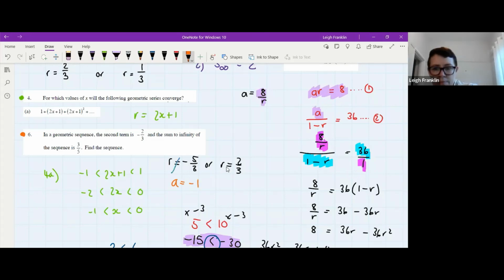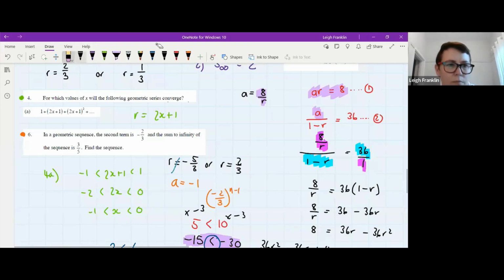I don't know if anyone else did it. I may have made a mistake. And eventually I found Tn to be -2/3 to the exponent of n-1. No, the negative is outside because that's the a.